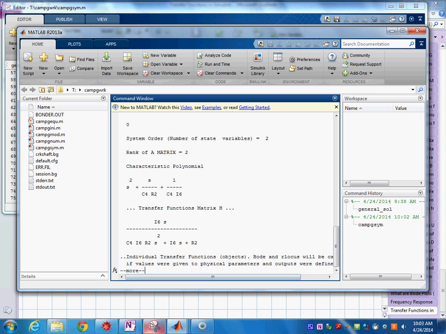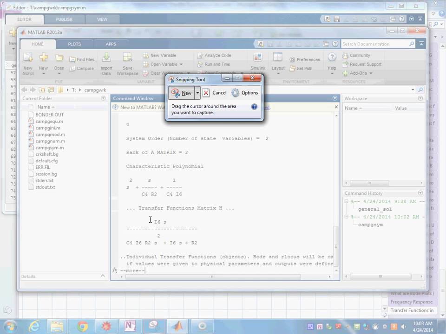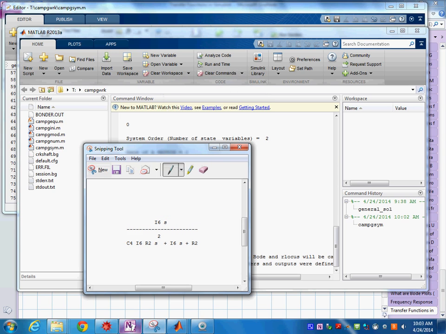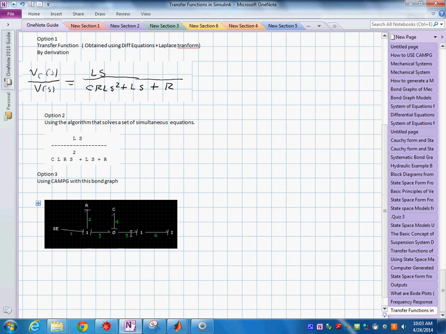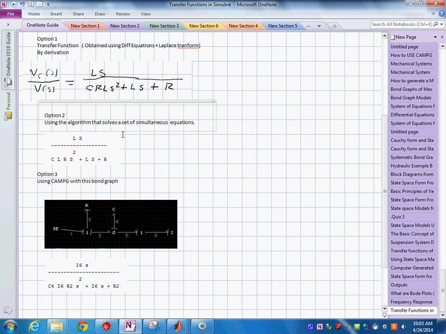So I am going to take just this little part of the screen and put it in our notes that we're making to show you that you can obtain the transfer function this way. Do you see it's the same thing? We did it by hand, we did it with the algorithm here, and this we did as a computer-generated transfer function.